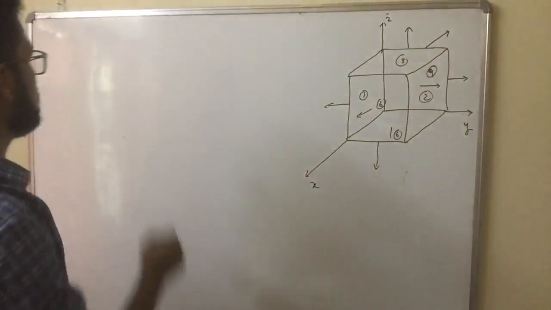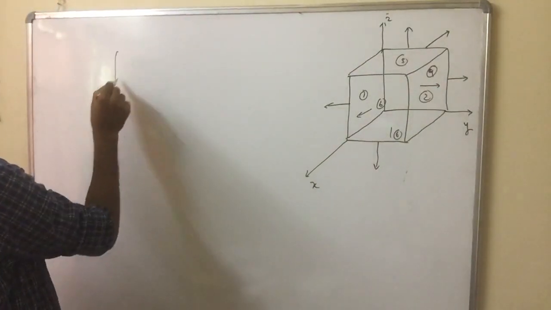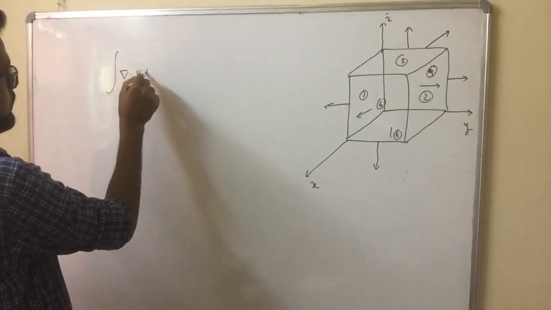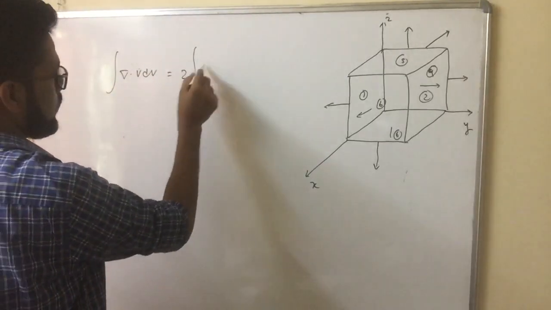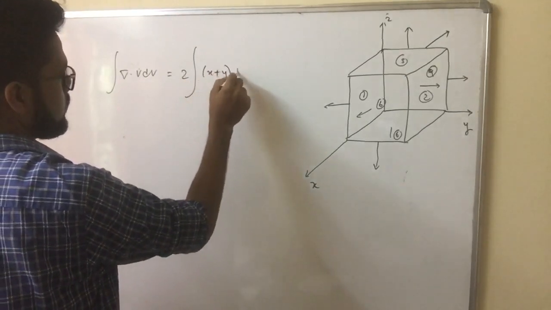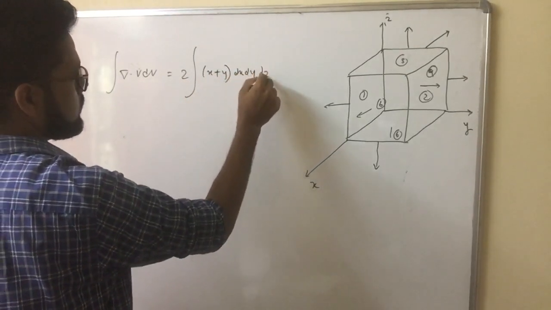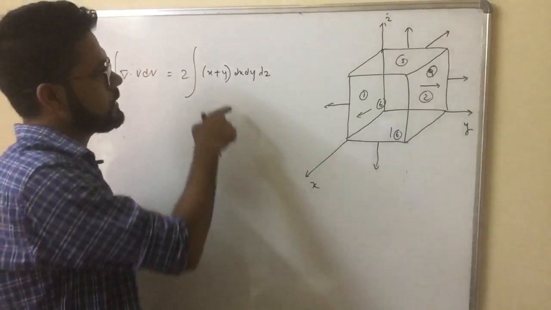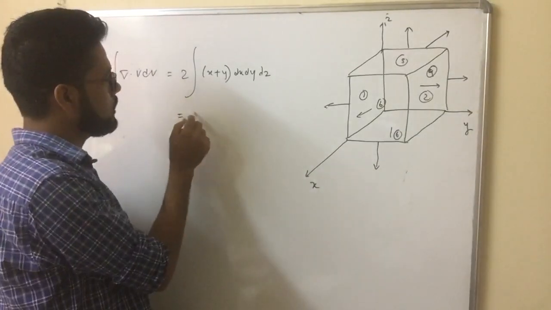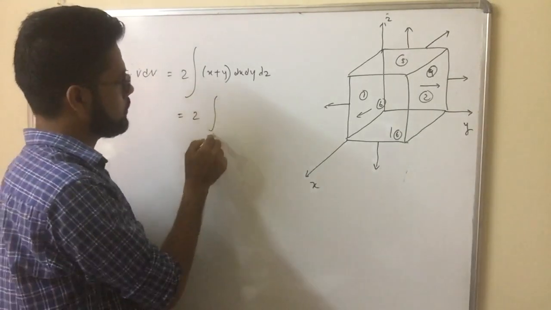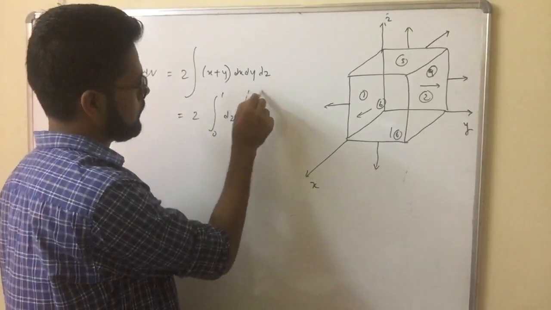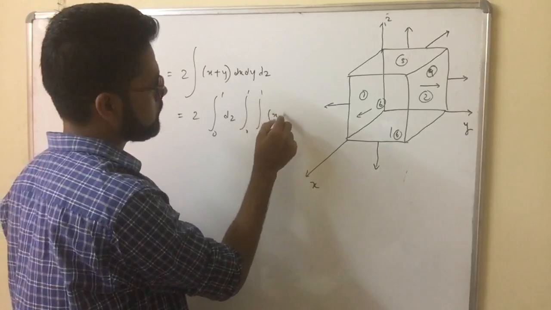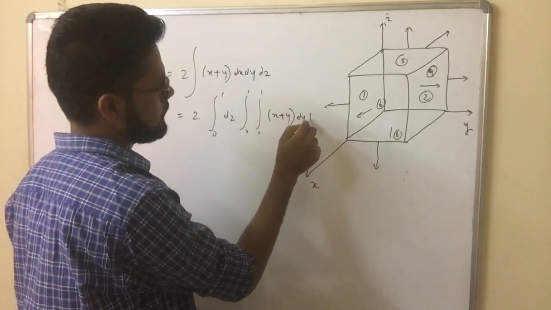Now, if I calculate the divergence, the integral of divergence of v dv, we are getting 2x plus y dx dy dz. Here you see dz is not there, so it is a simple integral. It is 0 to 1 dz, 0 to 1 of 2x plus y dy dx.